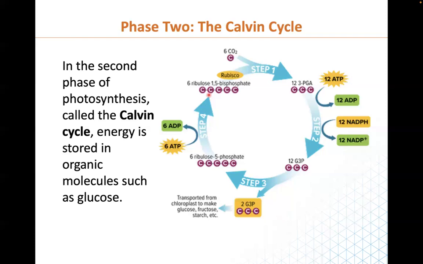From the 12 G3P, 2 molecules will be taken off at step 3 to produce glucose, fructose, and starch. Mind you, when 2 have been taken off, you are left with 10 molecules that form 6 ribulose 5-phosphate. The 6 ribulose 5-phosphate would take in 6 ATP to change to 6 ribulose 1,5-bisphosphate.